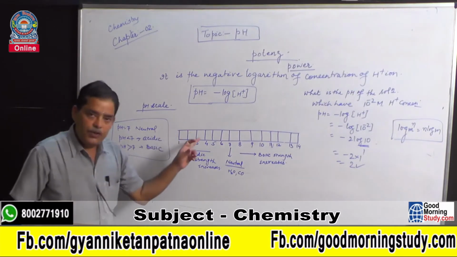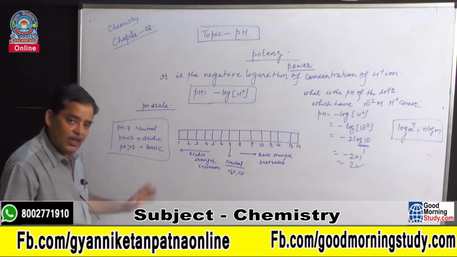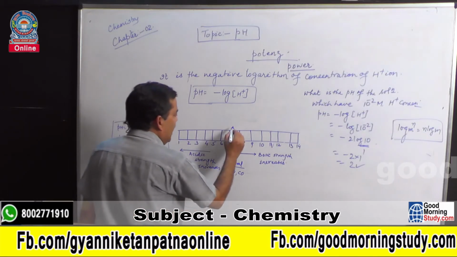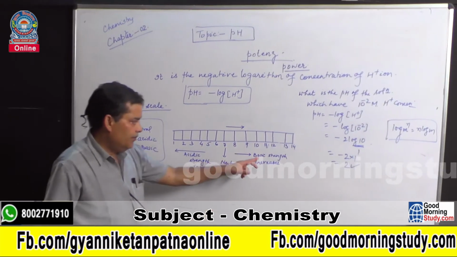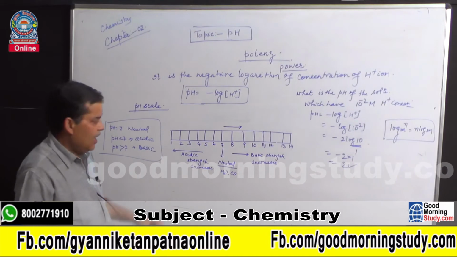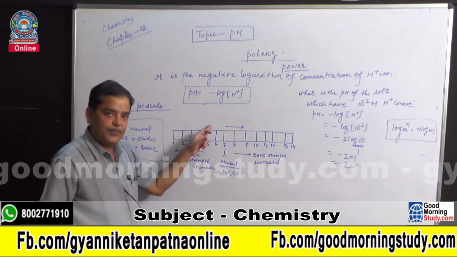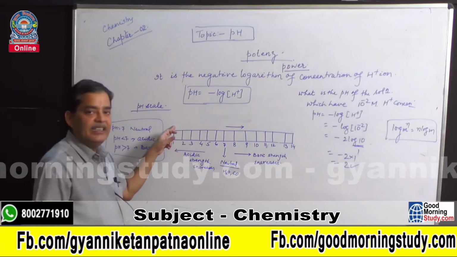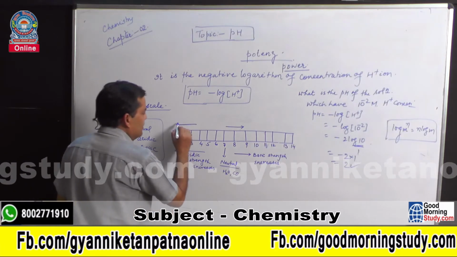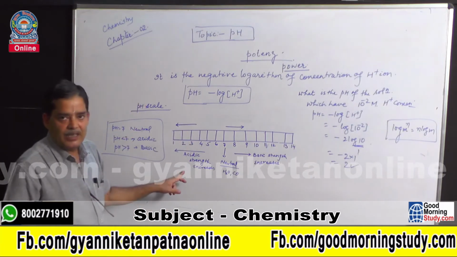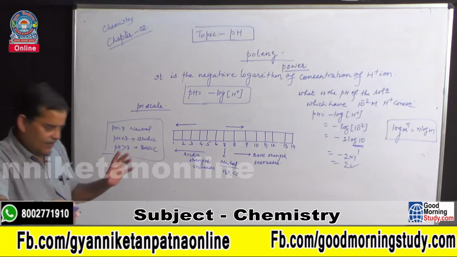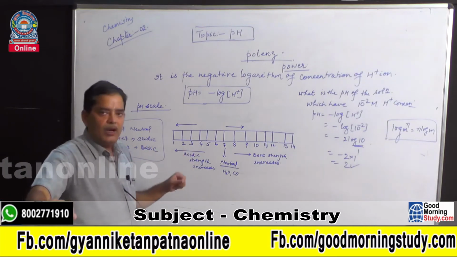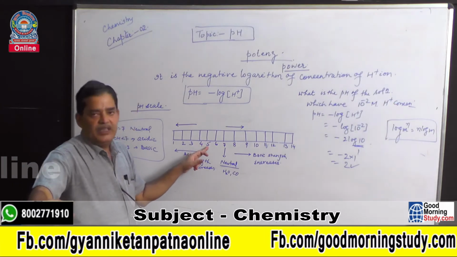One thing you have to keep in mind: if the concentration of H plus ion decreases, then the basic strength will increase, and if the concentration of H plus ion increases, then the acidic strength will increase. Now I am giving you an example. A substance A has pH 4, another substance B has pH 5.